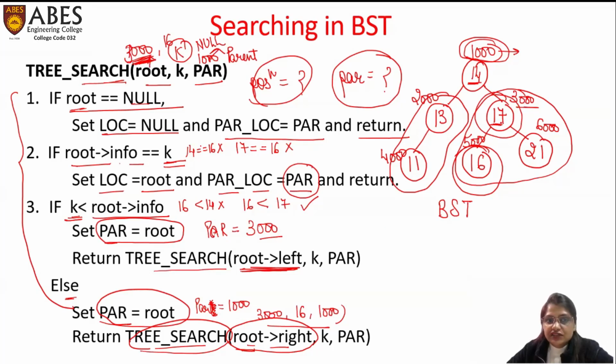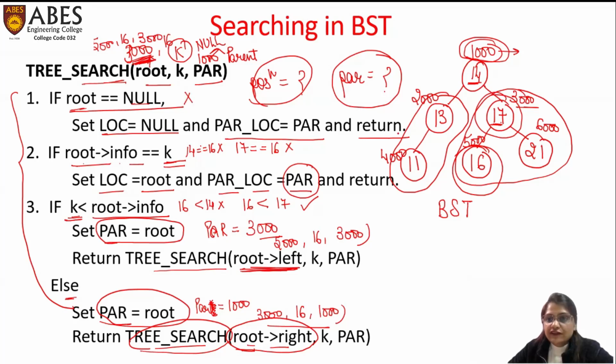Root is 3000, and 3000 left is 5000. The new values will be 5000, 16, which we are looking for, and the parent will now be 3000. Again we call this procedure with 5000, 16, and 3000.